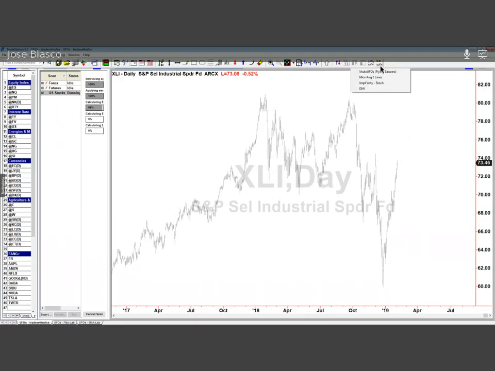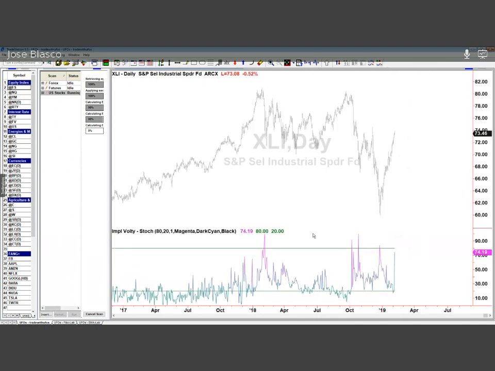But in the meantime, let me show you that I am using an indicator that comes by default with TradeStation called implied volatility stochastics. What this indicator basically is showing you is the excess of premium built in the options with the magenta color, and the lack of premium built in the options with the blue slash green color.